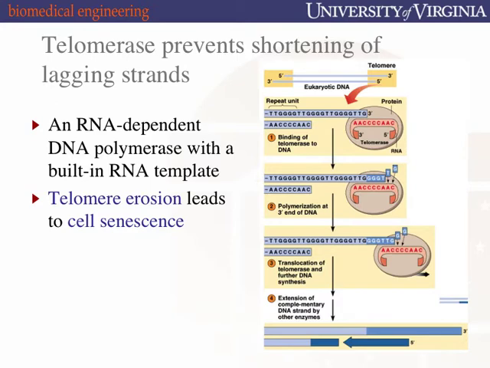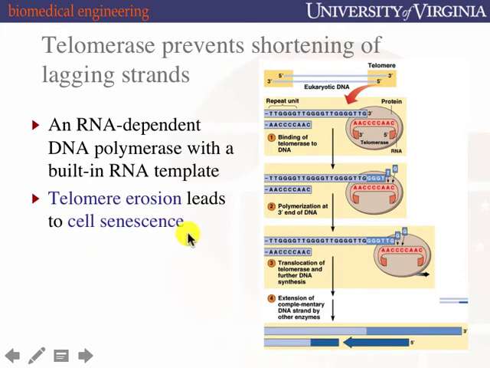Part of it is a function of telomerase not keeping up with replication. Another is loss of activity of telomerase over time within your cells, as the protein activity just is not as active. Telomere erosion in cell culture leads to what we call cell senescence.